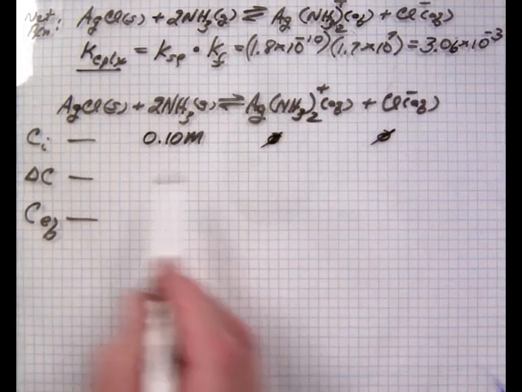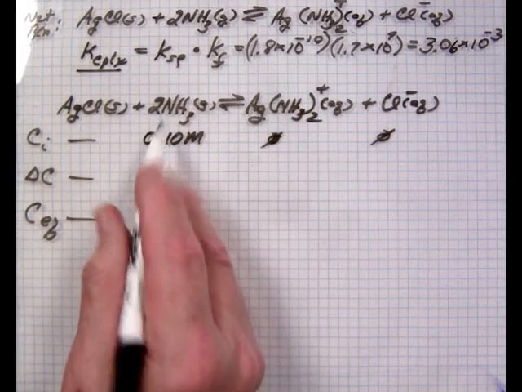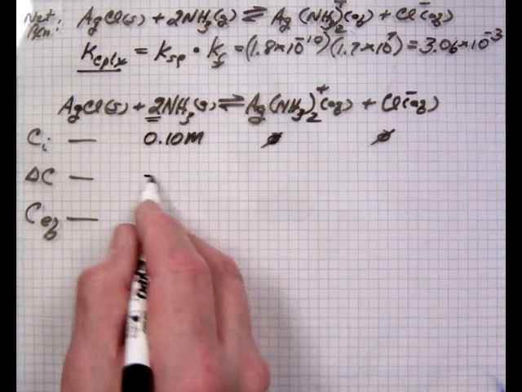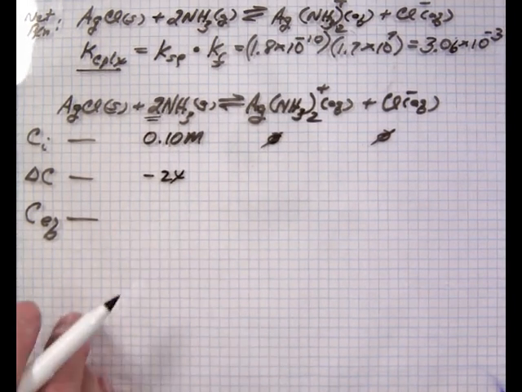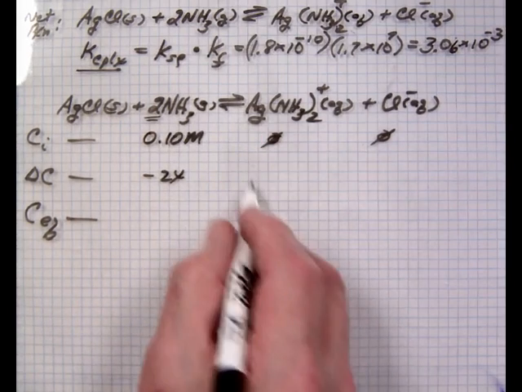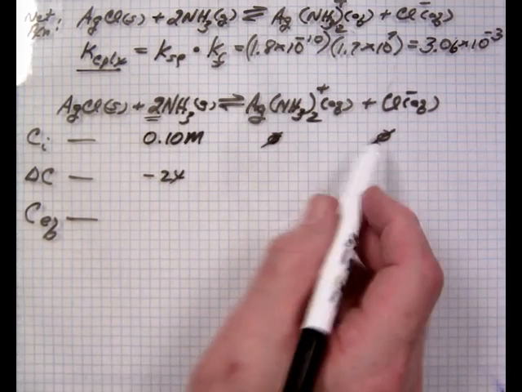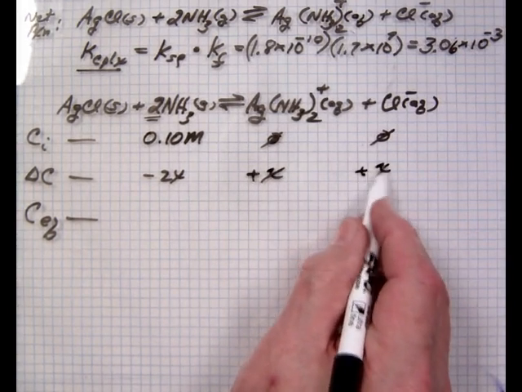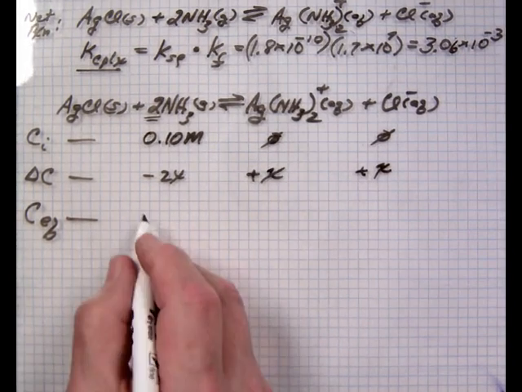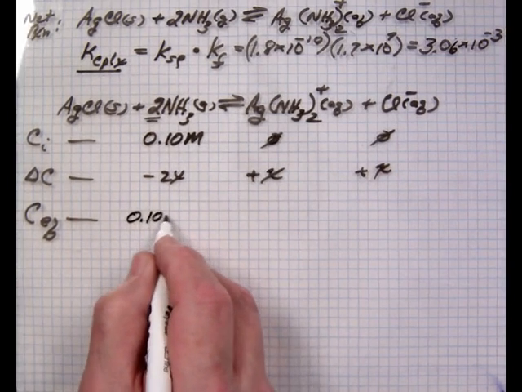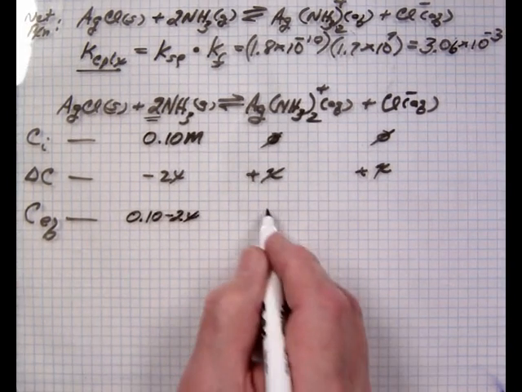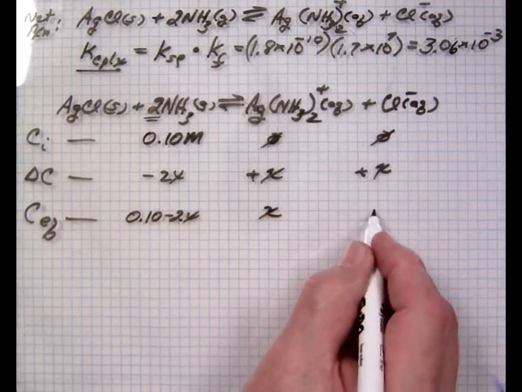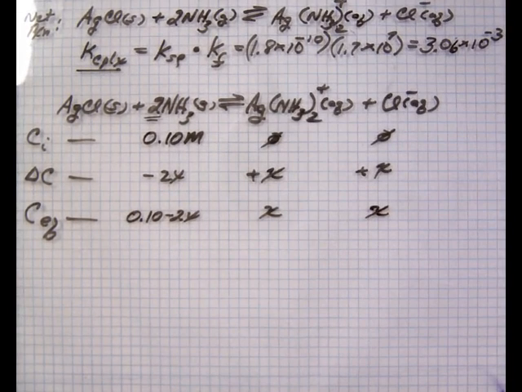Then as it proceeds, this goes down by 2x, and the silver amine complex and the chloride increase by x and by x. And so we have at equilibrium 0.10 minus 2x, x for the complex and x for the chloride.